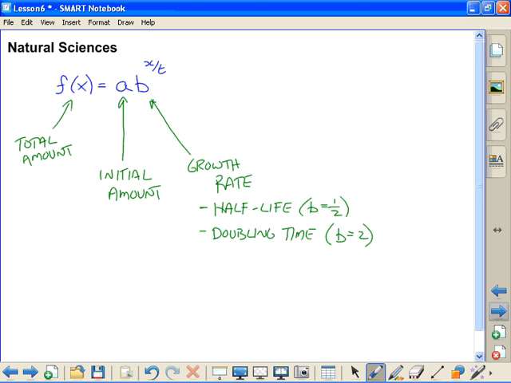Tripling time, third life. Not very common, but your T then is basically how long the growth rate needs to happen.